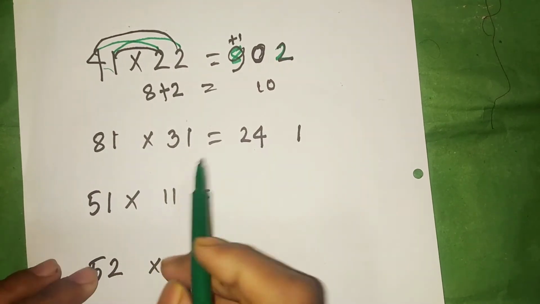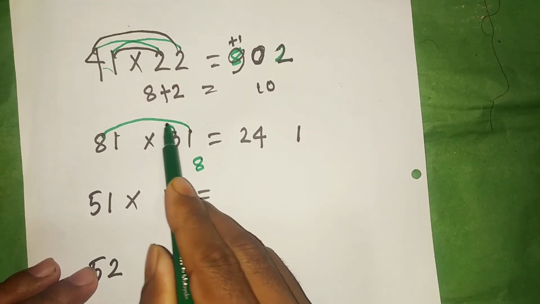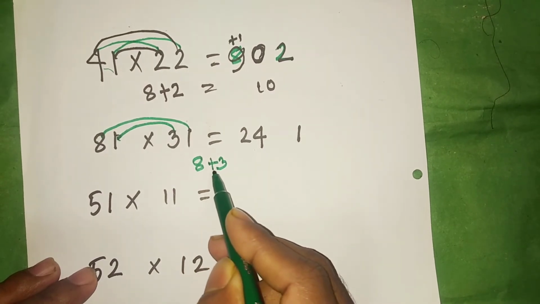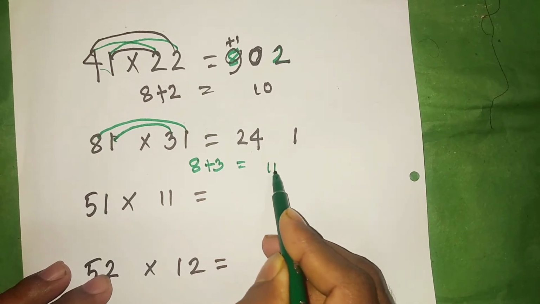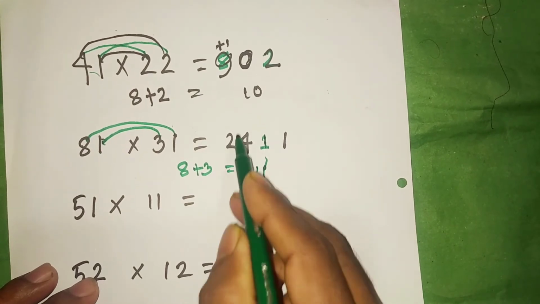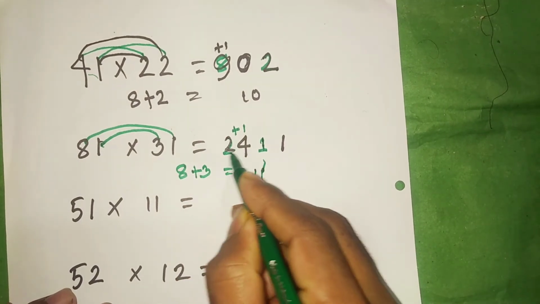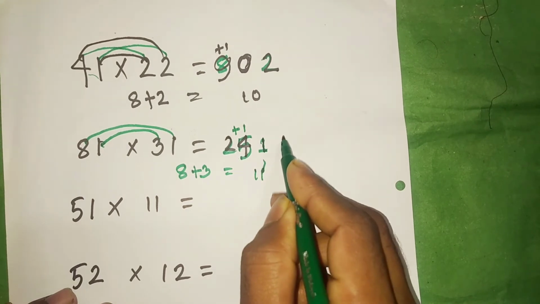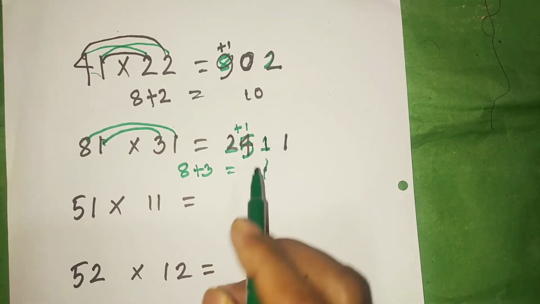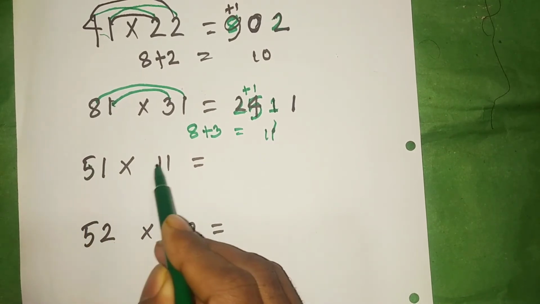Now 1 multiply 8 and 3 multiply 1, and together we have 11, and 1 put here, and 1 at 24. Now we have 25, 1 1, and 2511.